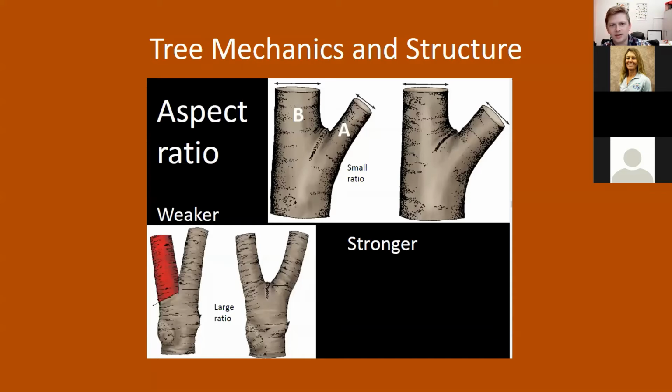So yeah, this is going back to what I was talking about. Another illustration here of aspect ratio: you can still have branches with a large aspect relative to the small aspect. But what's even worse is having codominance.